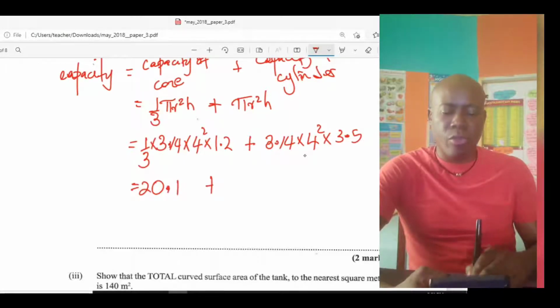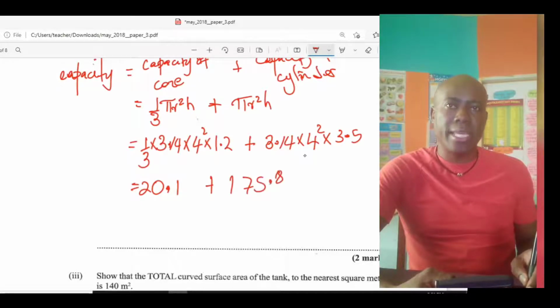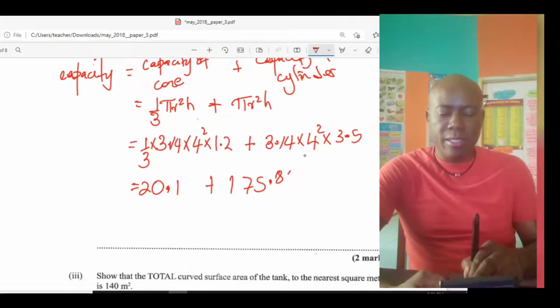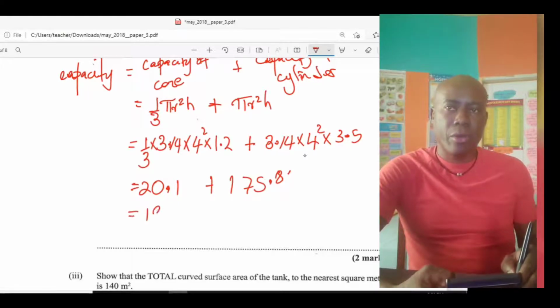For the other section, 3.14, we're multiplying that by 4 times 4 times 3.5, and we're getting 175.8. So if we put these together, 175.8 plus 20.1, we're getting 196. It's actually 195.9.